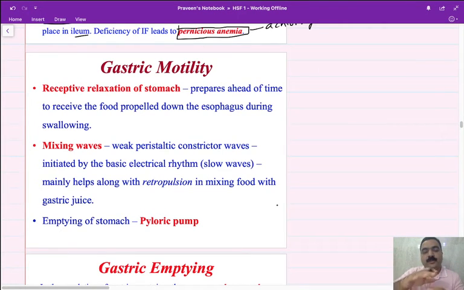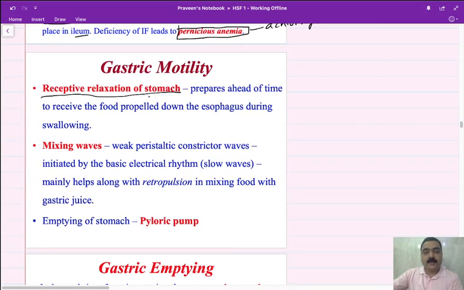Especially which part of the stomach? The fundus of the stomach. The fundus relaxes and the food will go into the fundus and get stored there. That particular phenomenon is what is referred to as the receptive relaxation of the stomach.